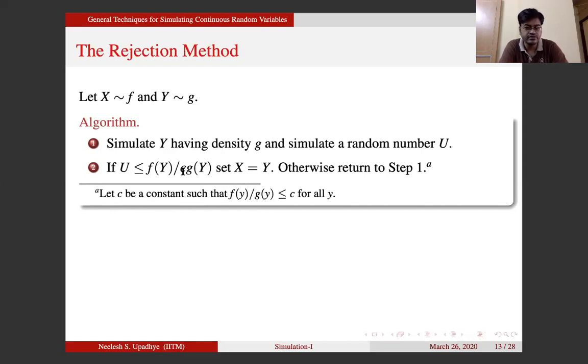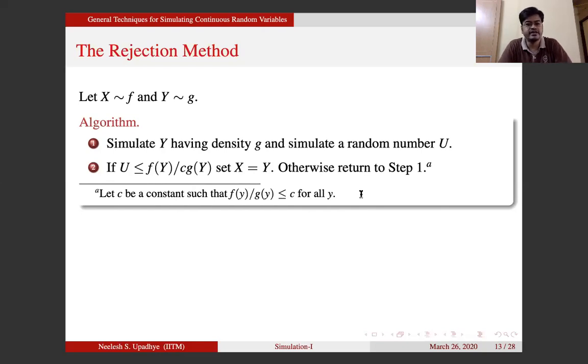Here, I have introduced one new term, that is c. What is this c? C is an upper bound on f by g, given here. Let c be a constant such that f(y) by g(y) is less than or equal to c for all y. Now what is the guarantee?